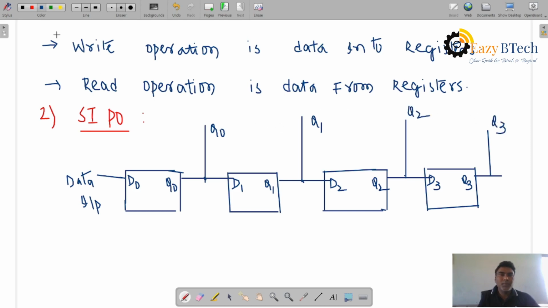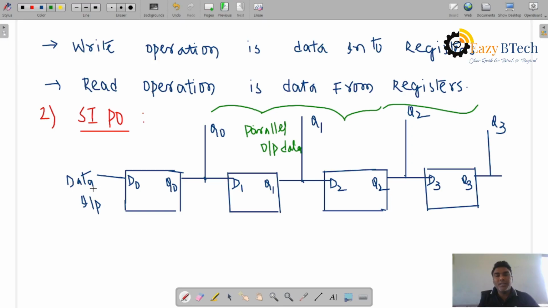This is parallel output data, from here to here. When data is applied serially, at every clock pulse we can take the parallel output data.